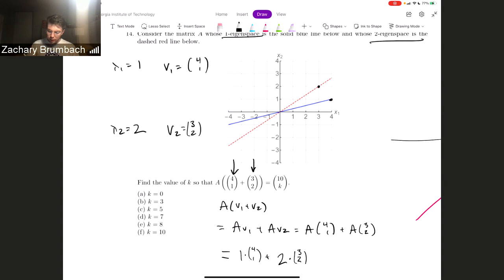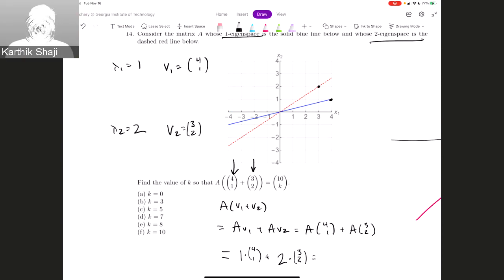Quick question. If it asked you something like A times 4, 1 plus 3, 2 is equal to 20k, would that be solvable or not really? No, it would not be. In this case, you can't multiply lambda by any number for this instance.